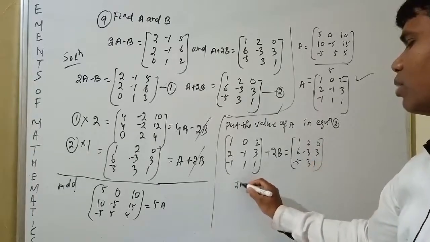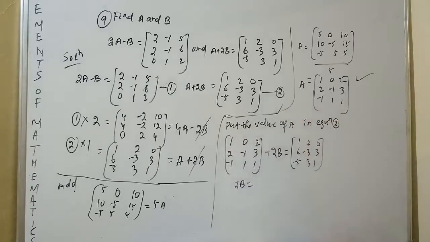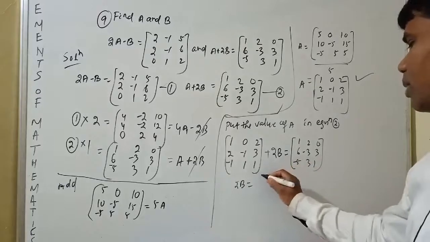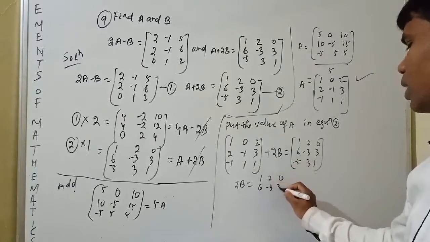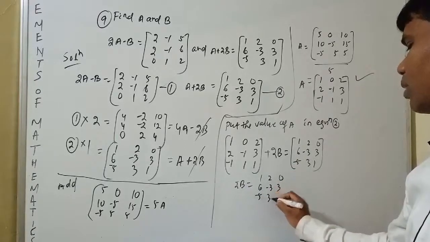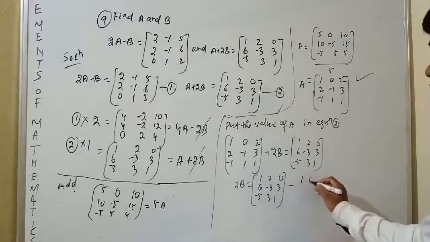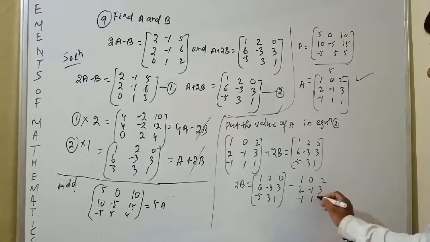Now 2B is equal to this matrix subtracted from this: [1 2 0; 6 -3 3; -5 3 1] minus [1 0 2; 2 -1 3; -1 1 1].